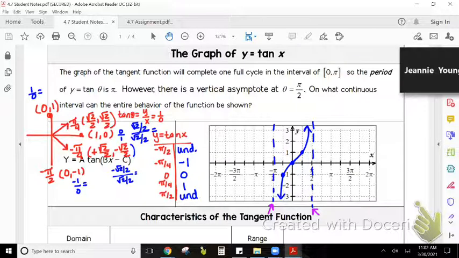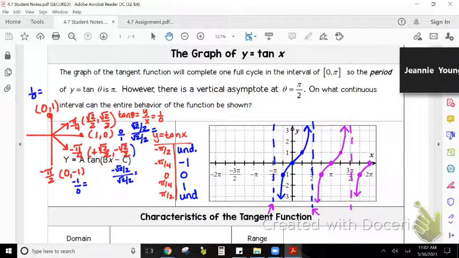So I can see the next line after the vertical asymptote, we're down at negative 1. And then we're up at 0. And then we go up to 1. And then we have a vertical asymptote. And we can continue. Then we go down to negative 1, up to 0, and I'm out of my graph on that side. So I can draw in the 1 full period, and then the half of a period that we were able to graph there.